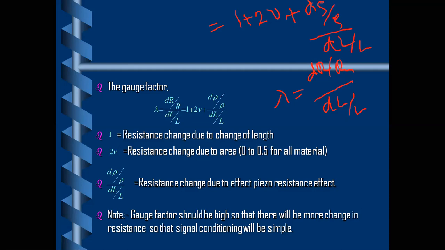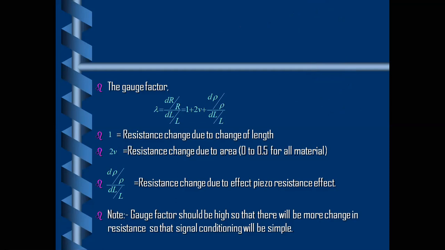Only that change in resistivity, rho is the resistivity of material, that I have replaced over there. So you can easily retrieve the information of the gauge factor that has been given as lambda.